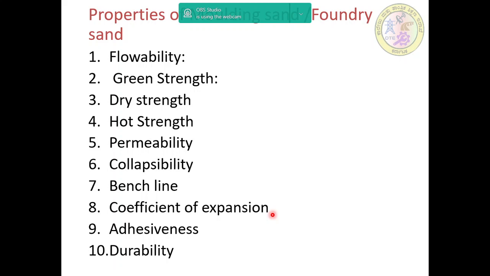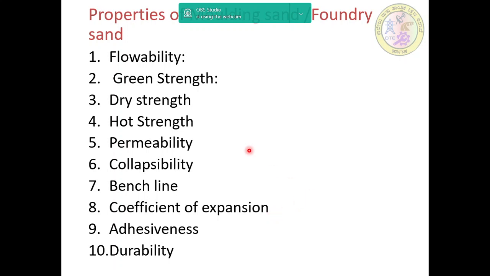Next, properties of molding sand. An important property of molding sand is that it should produce a sound casting, that is a defectless casting. Sound is nothing but a good casting. To achieve this, the molding sand should possess the following desired properties.